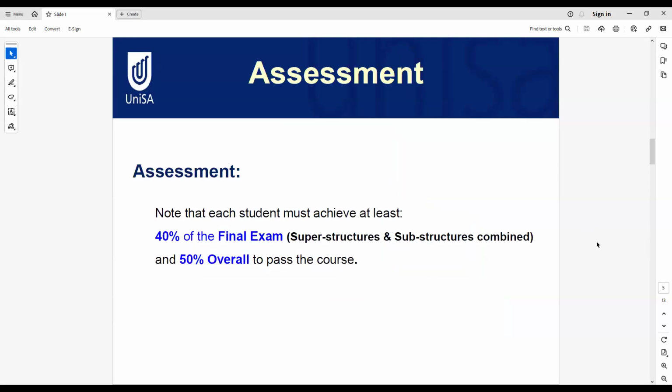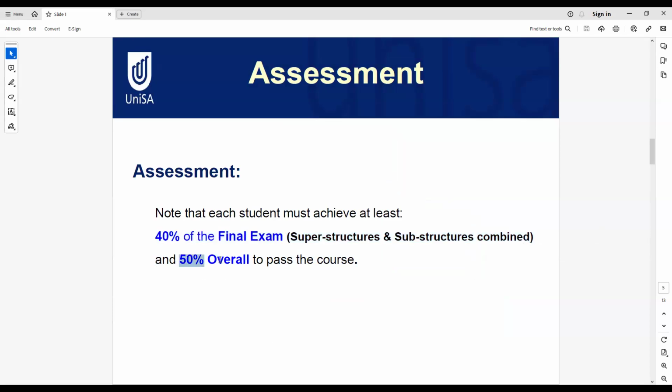Okay, so this is an important note you need to keep in mind for this course. To pass this course, you need to get at least 40% of the final exam, so 40% of 100% of the final exam for the superstructure and substructure combined.